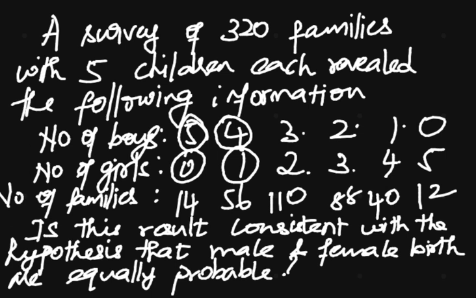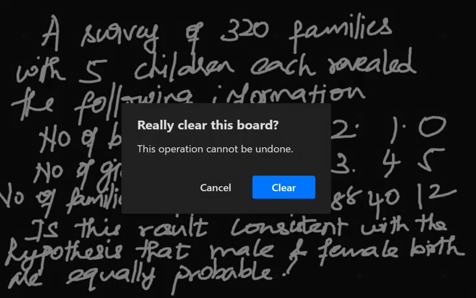the binomial distribution you have studied in your lower classes. What is the binomial distribution formula? Before entering into the problem, we have to see what the binomial distribution is.